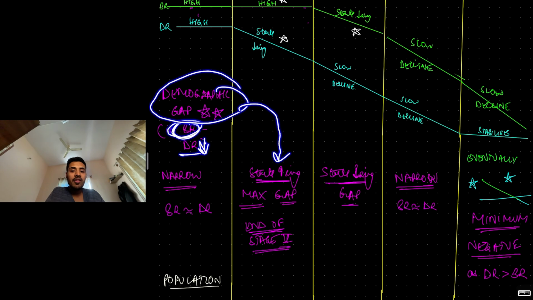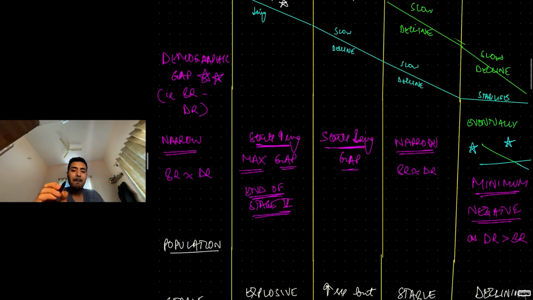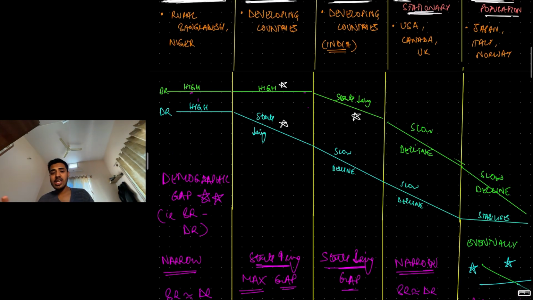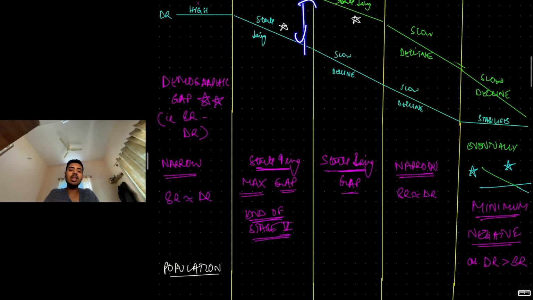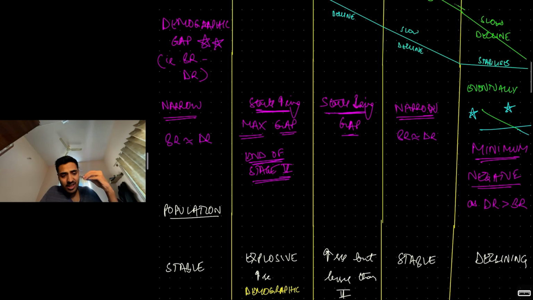Demographic gap starts increasing, and demographic gap is the maximum at the end of stage 2, because till the end of stage 2 birth rate remains high and death rate has gone on decreasing, and death rate has decreased a lot by the end of stage 2. So this demographic gap, birth rate minus death rate, is the maximum at stage 2, that is early expanding. It starts increasing only in stage 2. Maximum is at the end of stage 2.